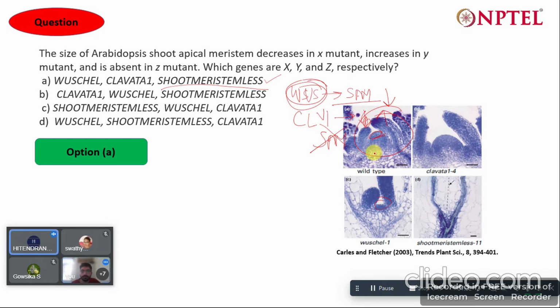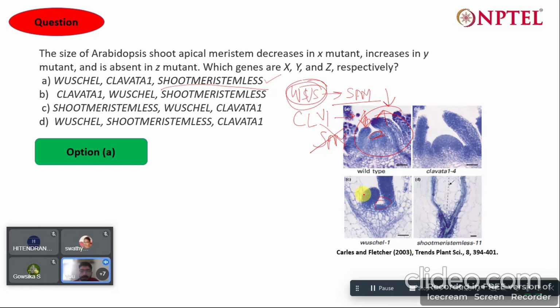So can you explain what is the role of the shoot meristemless gene, sir? This gene basically helps in the formation of the shoot apical meristem during development. So if this gene is not present, then the meristem will not be formed in those plants. Okay, sir. Thank you, sir.